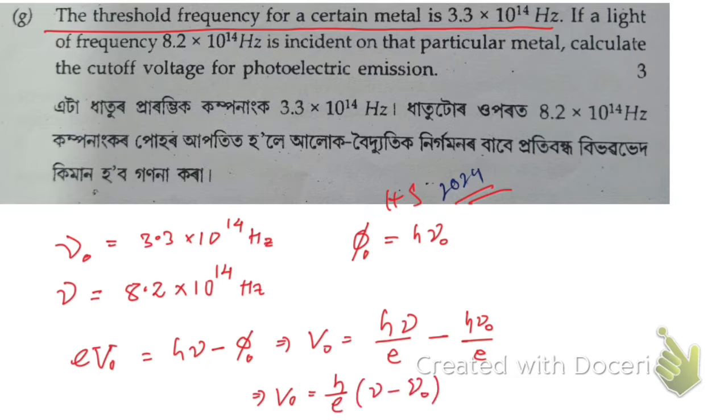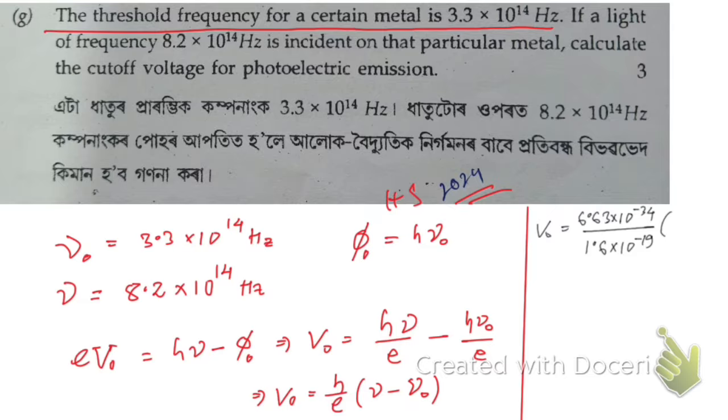So V naught is equal to H is 6.63 into 10 to the power minus 34 divided by E is 1.6 into 10 to the power minus 19, times nu minus nu naught.